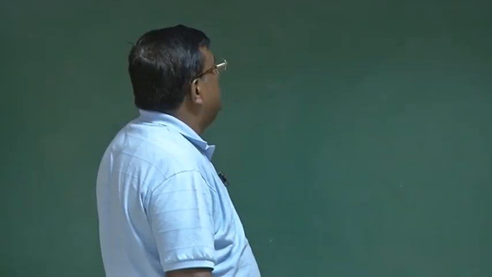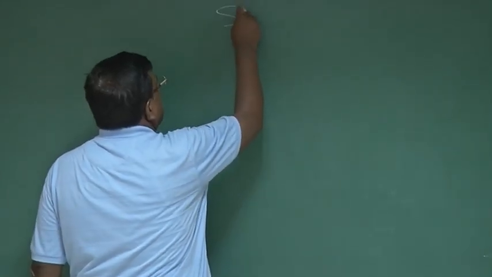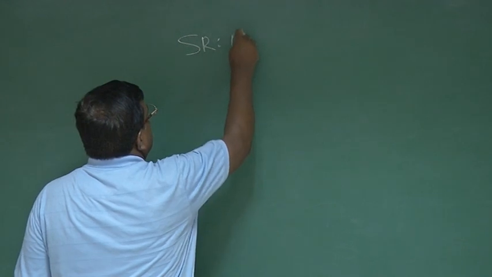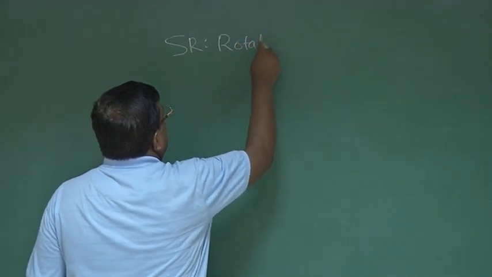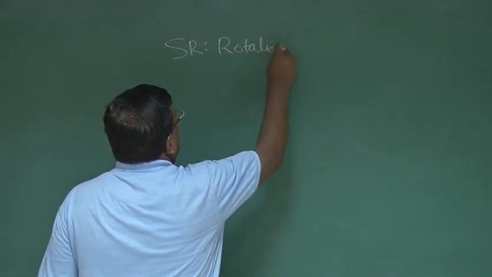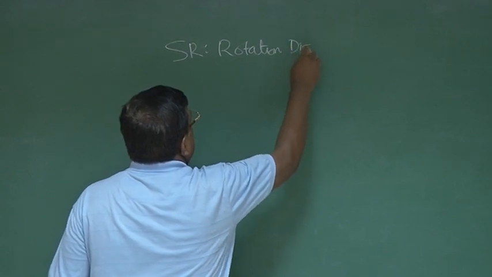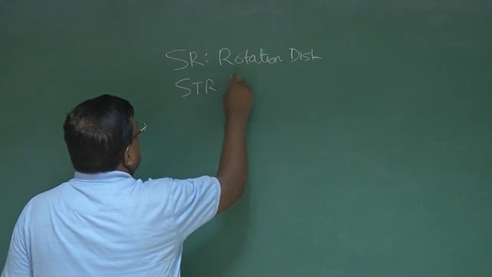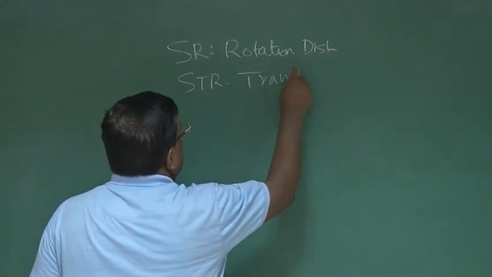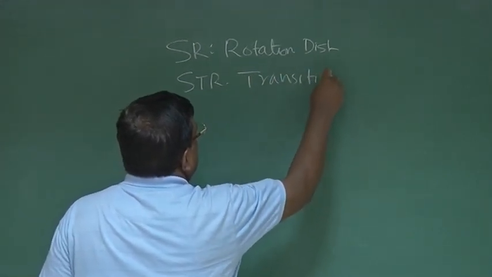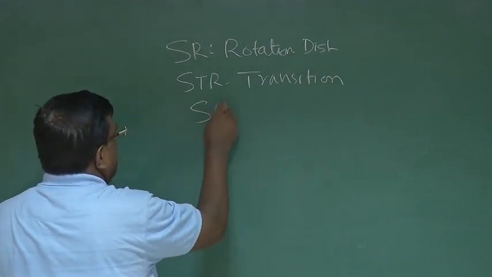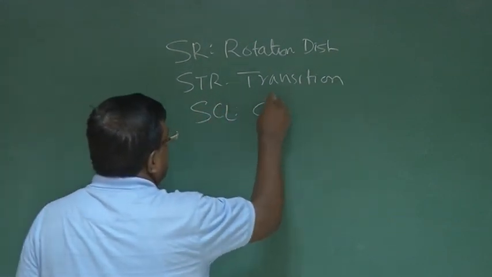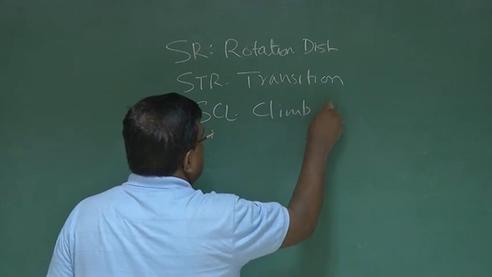Now SR, which is rotation distance, and STR, which is transition distance, and SCL, which is climb distance.